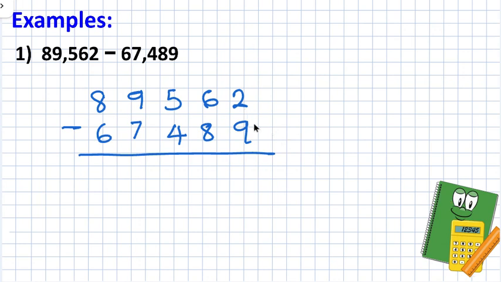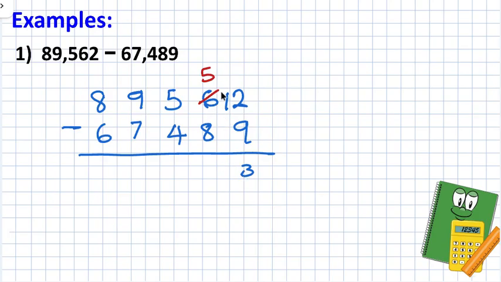We'll borrow 1 from 6 and give it to 2. Now the 6 would become 5 because we've taken 1 from it, and here we have 12 minus 9. So 12 minus 9 would give us 3. All right, so that's for the first column.